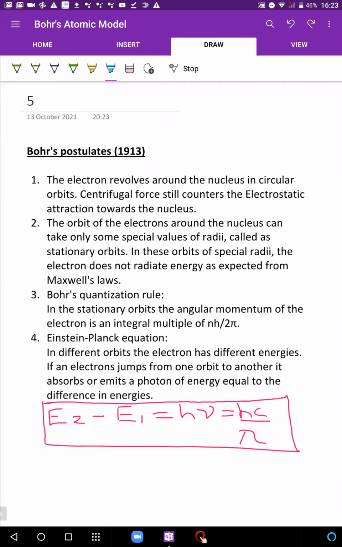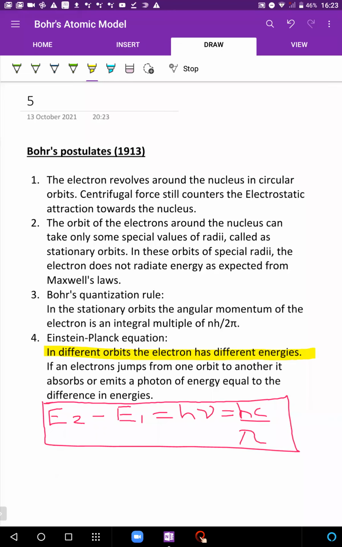Now, the next one is the Einstein-Planck equation. So, in different orbits, the electron has different energies. Okay, I think Einstein came up with this with the photon principle, I think in 1905.